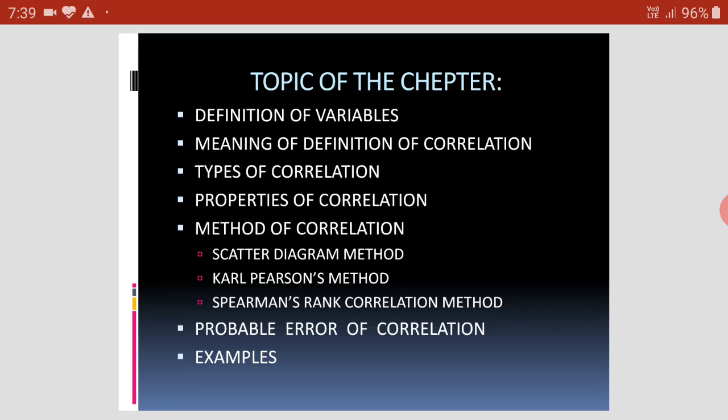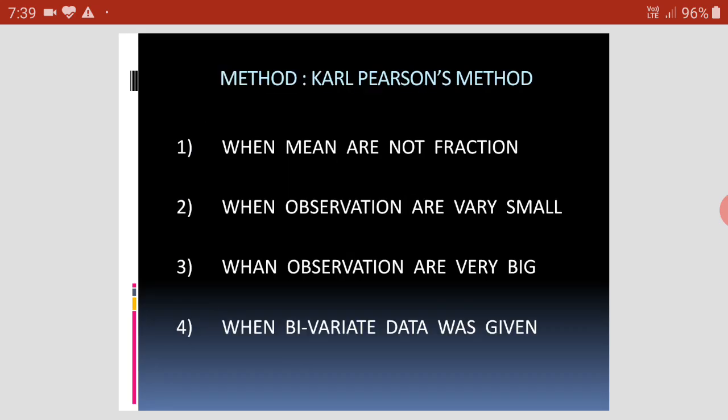Okay, now we start about the methods. There are practicals in two methods, Karl Pearson's method and Spearman's method. Now we start with Karl Pearson's method. Karl Pearson was a statistician who gave a correlation method. There are four different formulas given by Karl Pearson, so we denote them as method number 1, 2, 3 and 4.